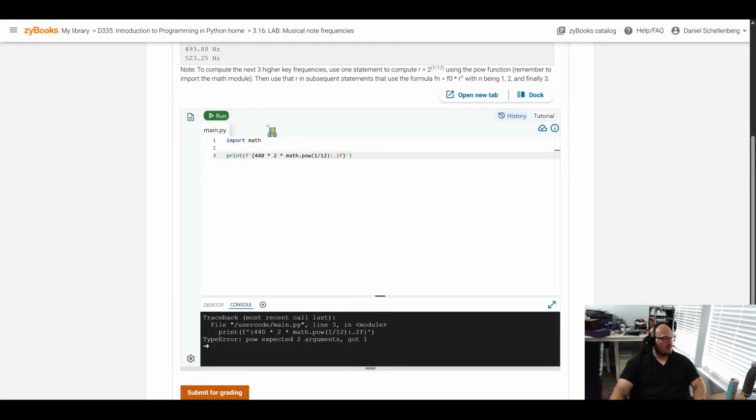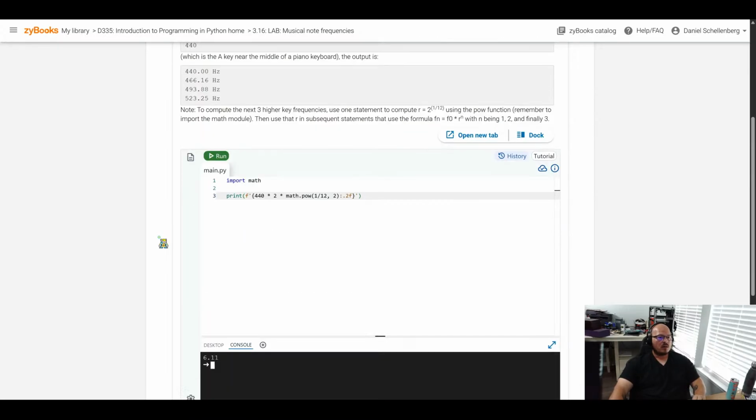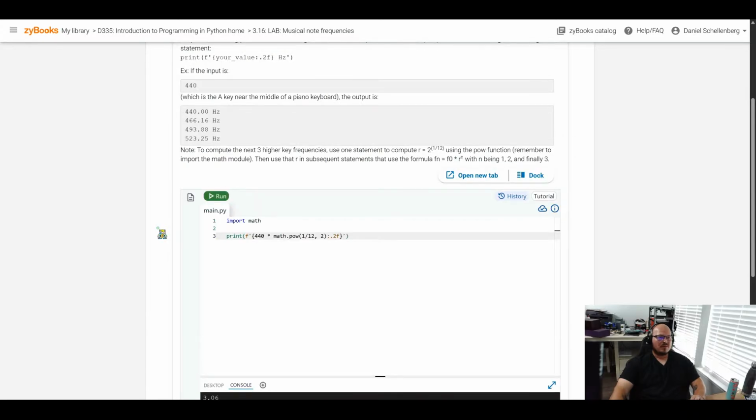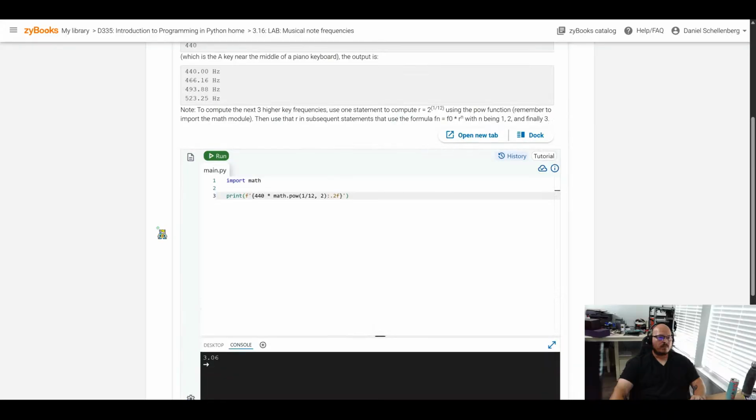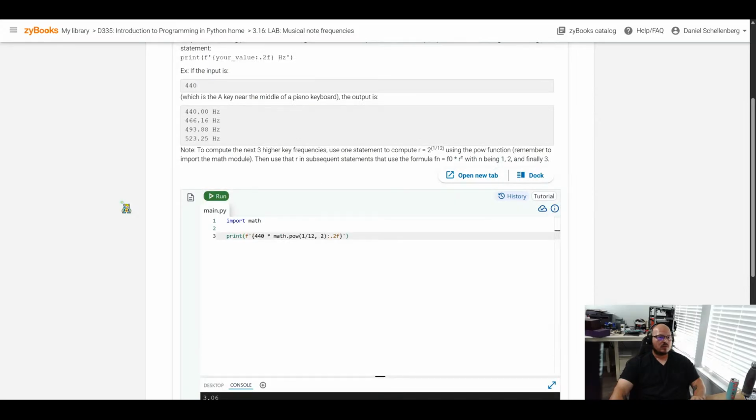Oh, that's why. So you have to do the base and the exponent. So that means you would have to do it like that, right? But that means I would need to take this out then. That doesn't make sense. So 1 divided by 2 is 0. So that's not right, is it?